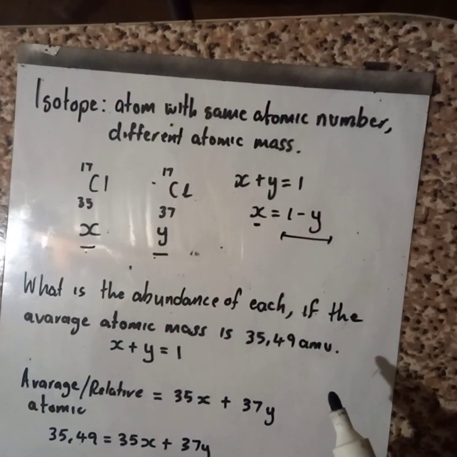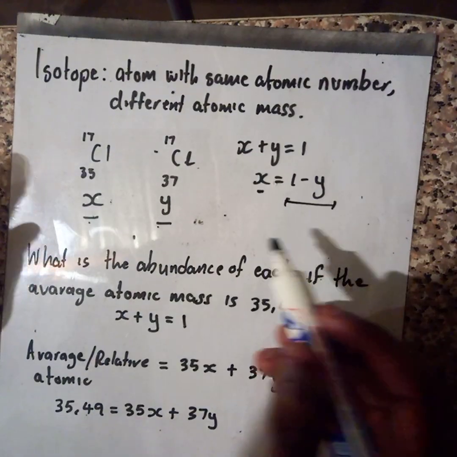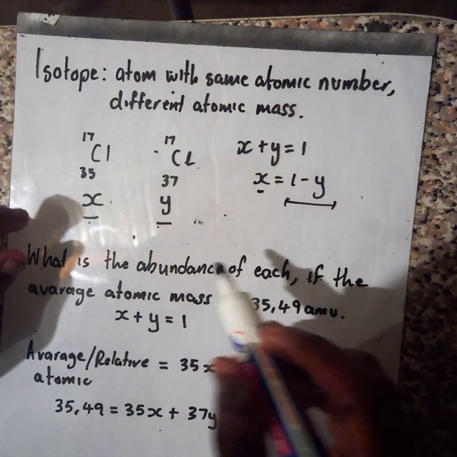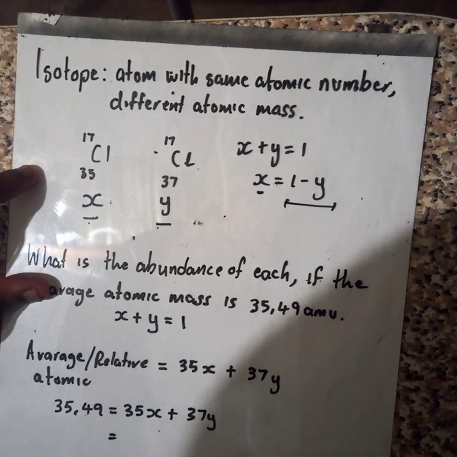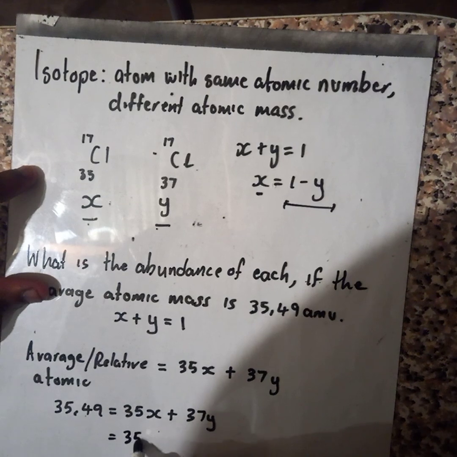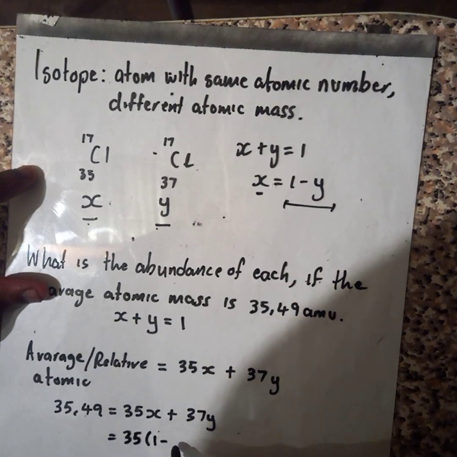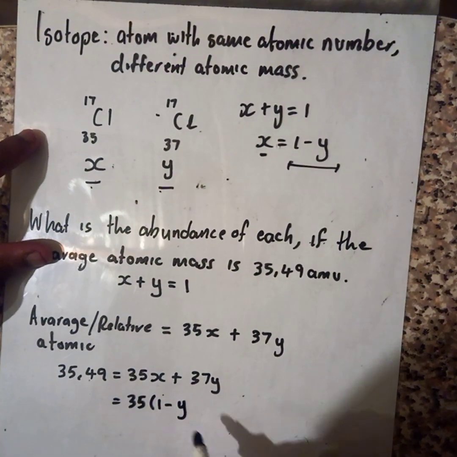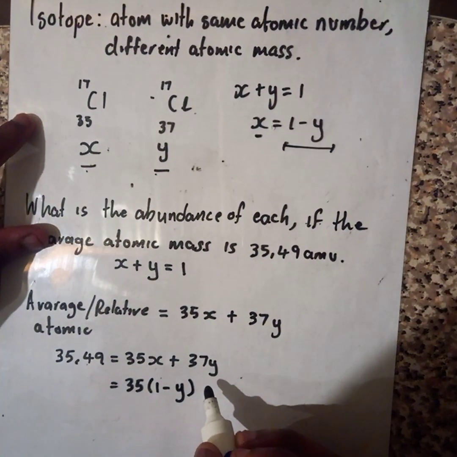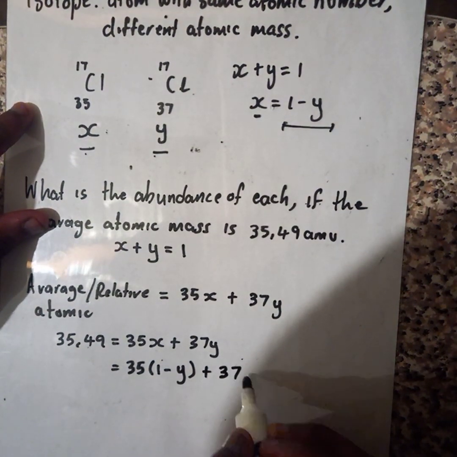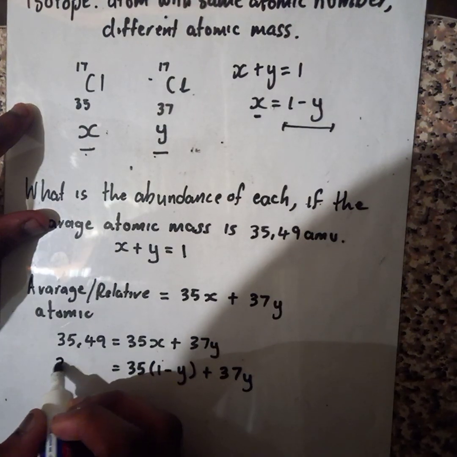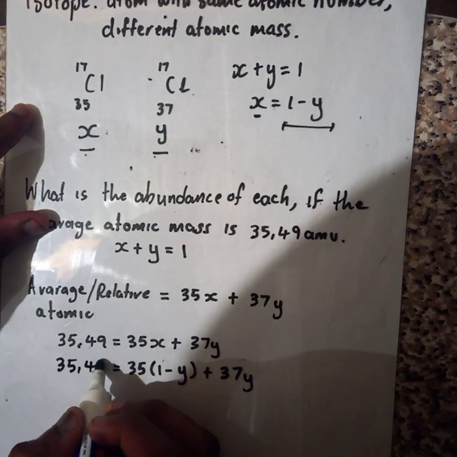We must make sure by all means we have the same variable throughout. Where we see x, we substitute 1 minus y, so it's going to be 35 times (1 minus y) plus 37y. This side we have 35.49.